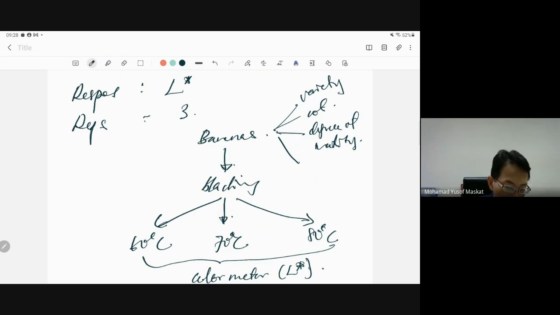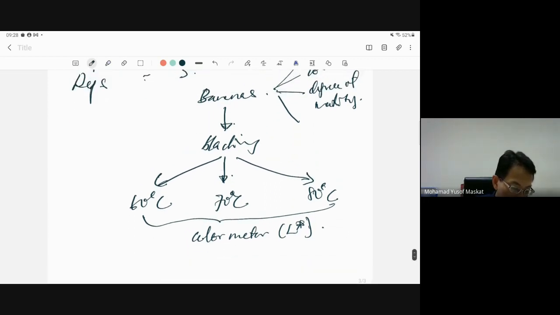Then you prepare them and do blanching for 60, and then you randomize them. Don't do 60 first, 70 second, and 80 third. You have to randomize them so that we can minimize any effect of confounding factors.